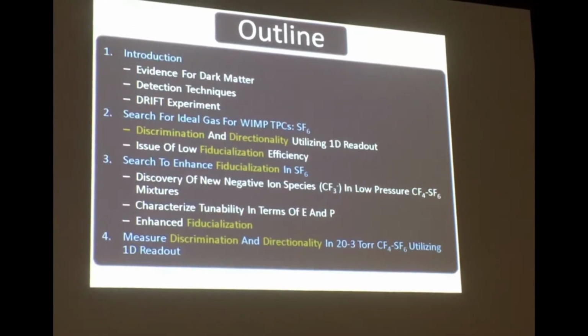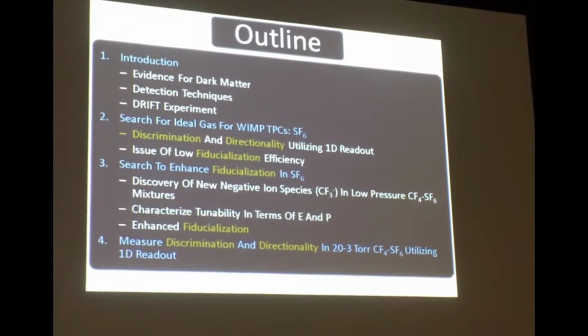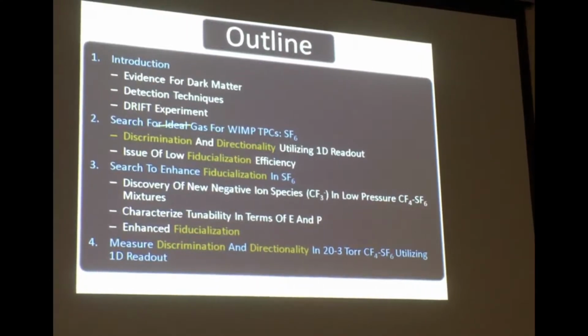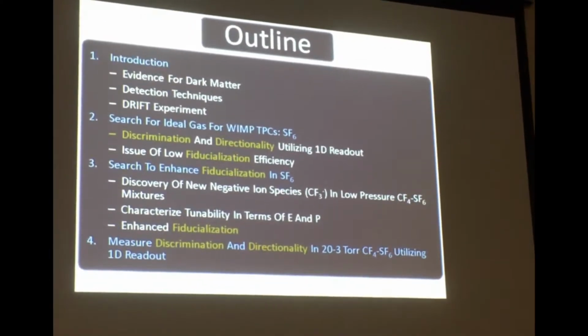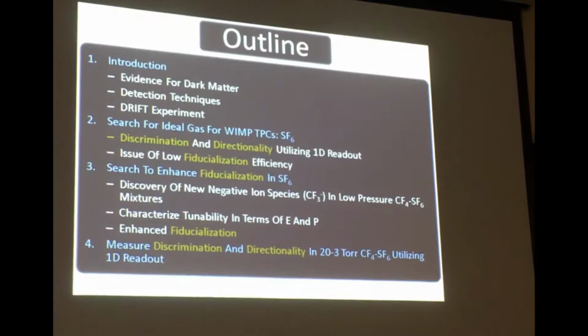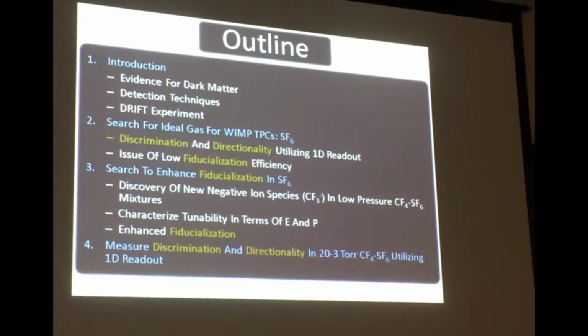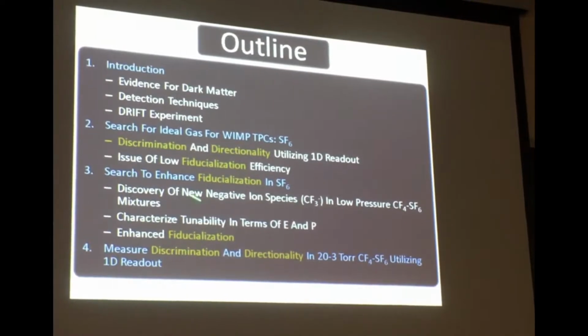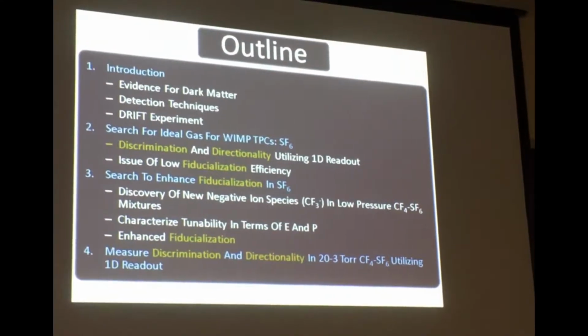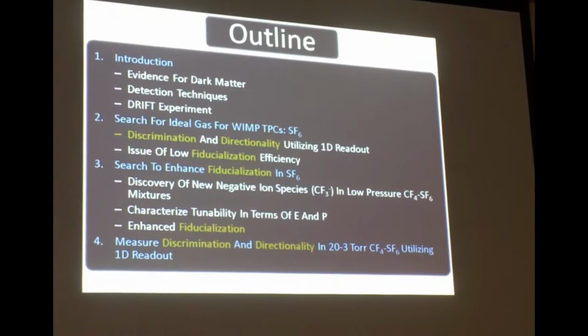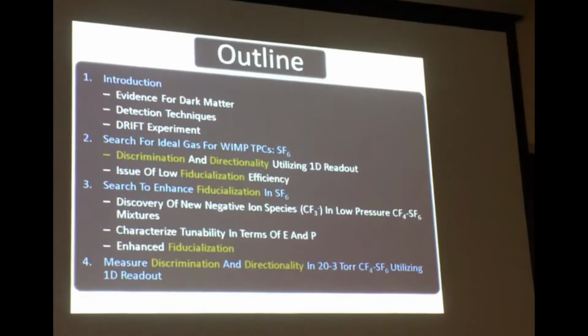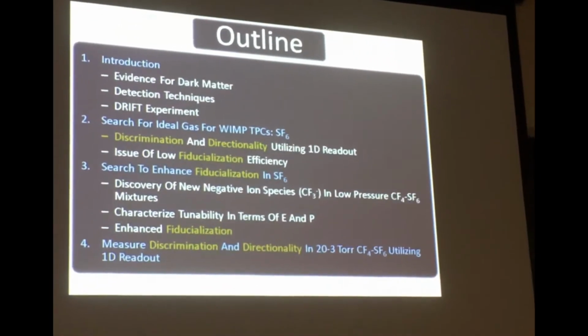And then I'll talk about how in SF6 there's an issue of fiducialization. There's a low fiducialization efficiency, and that will motivate the next thing that I'll talk about, where I search for how to enhance this fiducialization in SF6. And in doing that, I discovered something really awesome, and I was very excited about that, and I did a lot of different experiments about that.